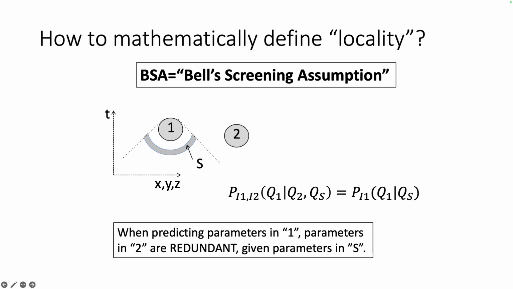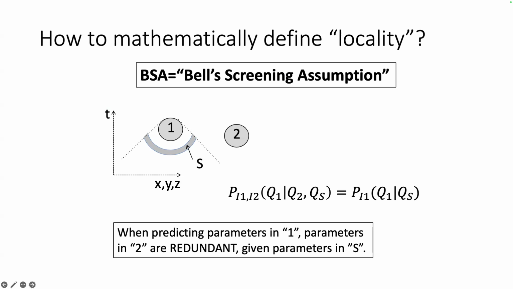I don't have any I2 over here, and throw out knowledge about what parameters Q2 are. So this is a mathematical identity saying that the model should predict the same thing for these two, and that is a local model. And this seems reasonable to me. It seems like this is a good mathematical definition of locality.